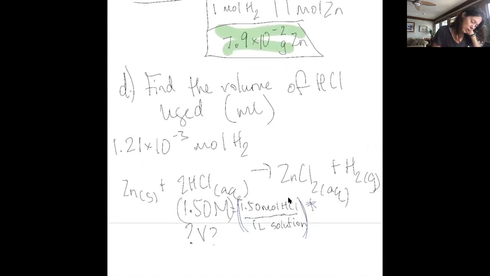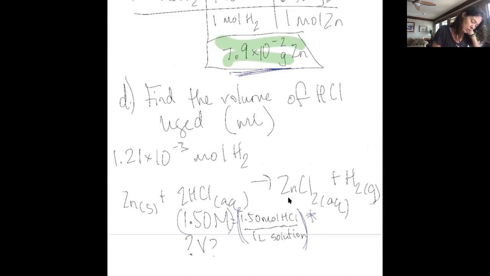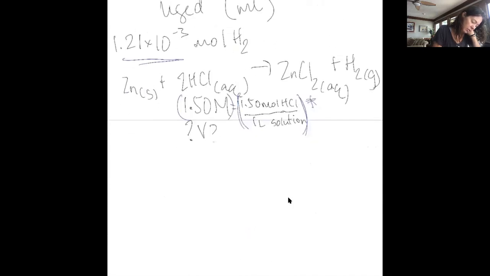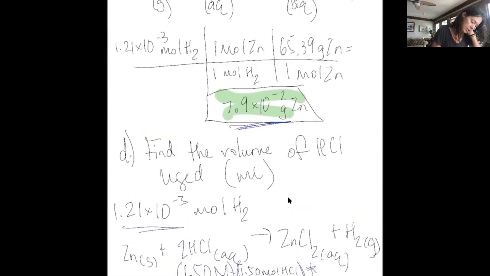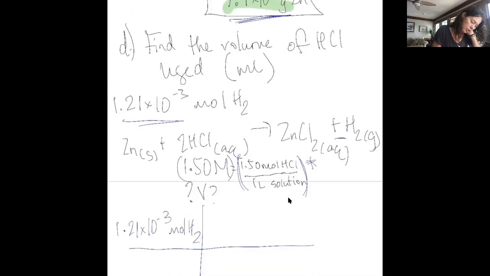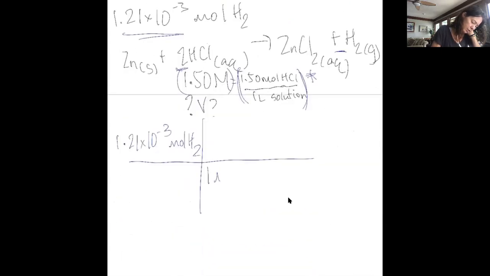Okay, so I could work from my zinc or I could work from my hydrogen. I'm just going to work from my hydrogen. 1.21 times 10 to the negative third moles H2. Let's look at our equation. It looks like this is a 1 to 2 mole ratio: 1 mole H2, 2 moles HCl. And then I can use my molarity to get to a volume.